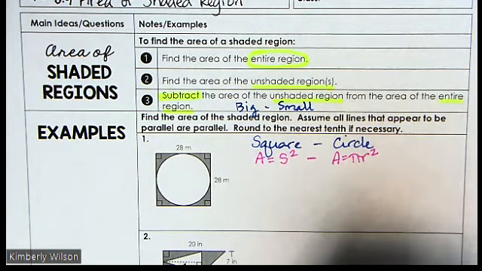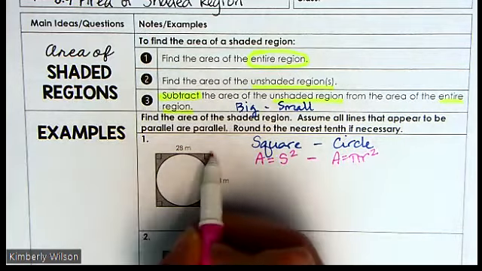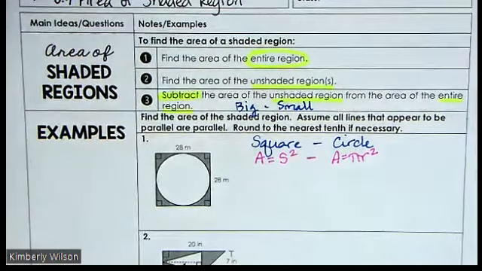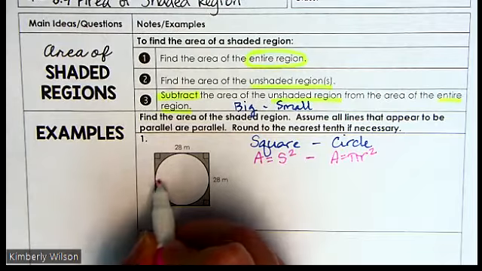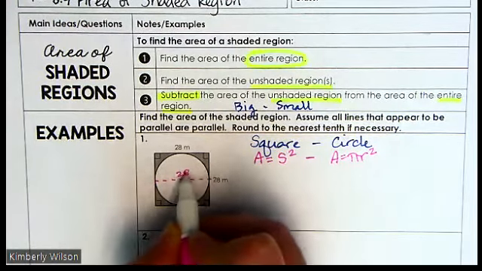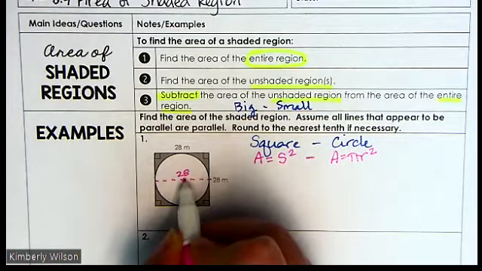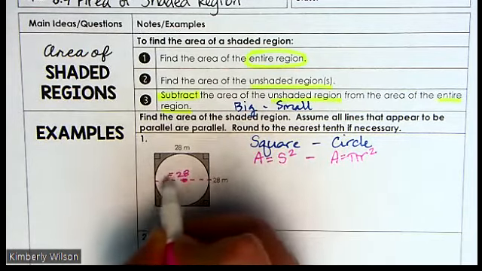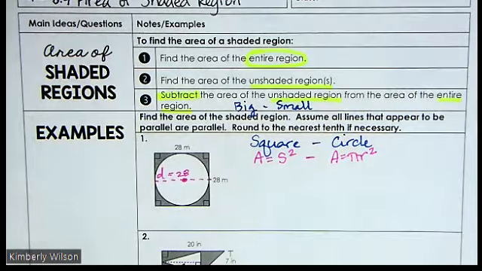But wait a minute. When I'm thinking about this, if all the way across is 28, then that means all the way across here is 28, which means that my diameter is 28.